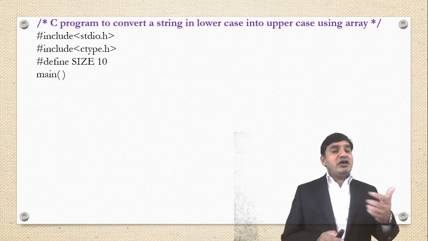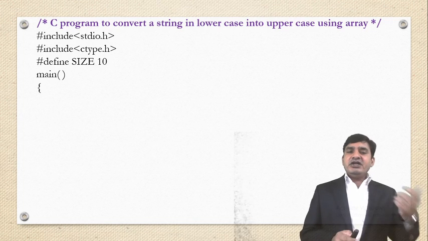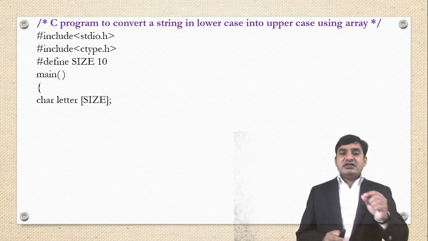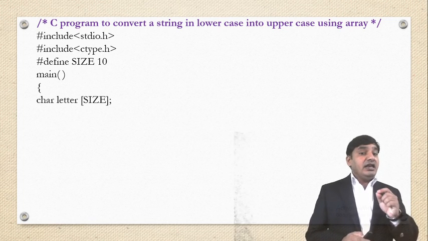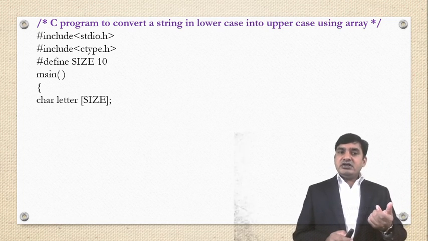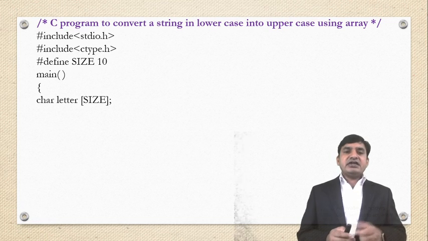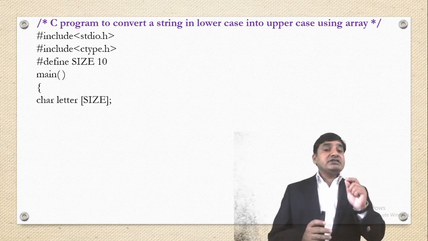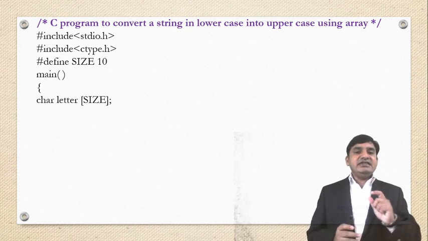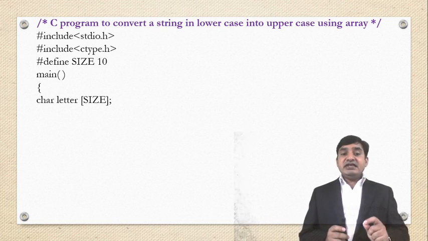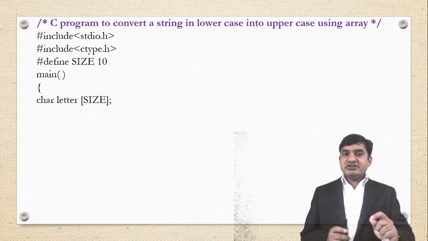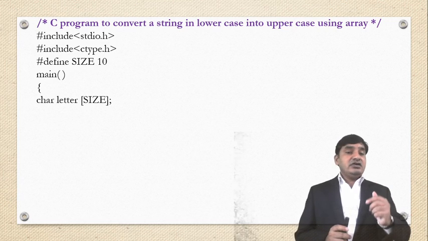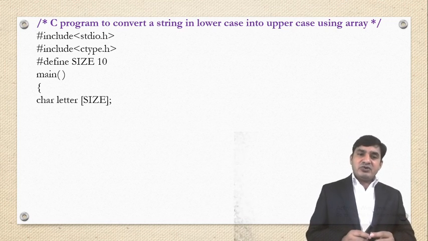So the main function, again an opening curly bracket, char letter[SIZE]. The array is of character type, letter is the name of the array, and the size of the array is 10 because we defined this constant at the beginning of the program.